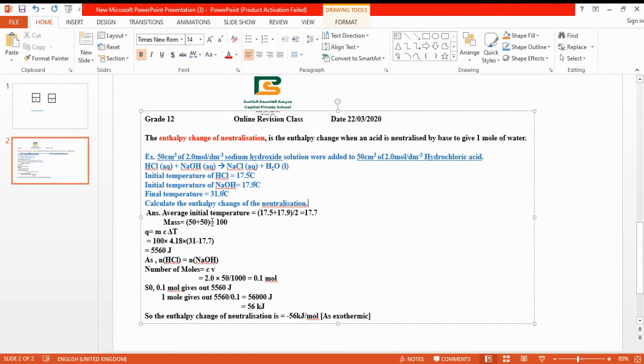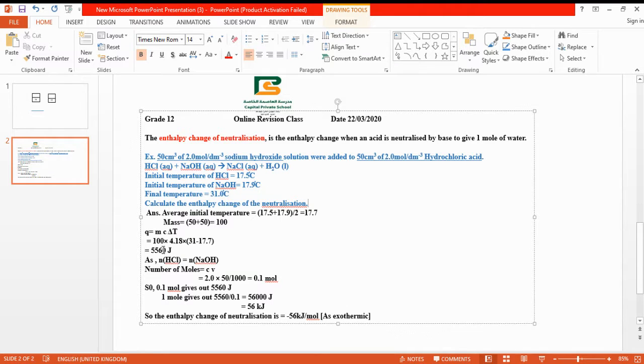And for the mass, as both HCl and NaOH are in the reaction, we add up both masses: 50 plus 50 is 100. So what is the energy generated, Q? Sorry, in yesterday's class I said that Q and delta H are the same thing, but Q and delta H are not the same. Q is the total energy and delta H is the enthalpy change.